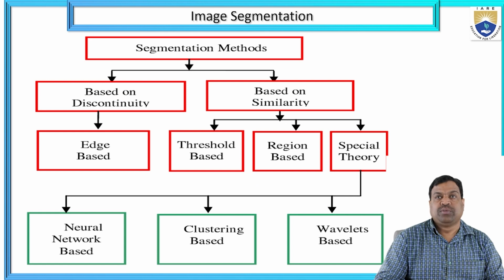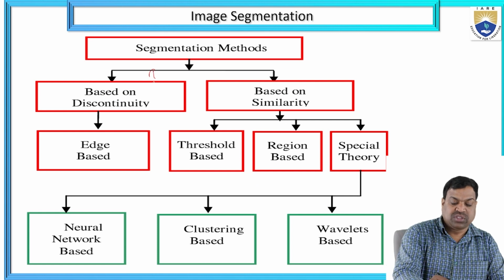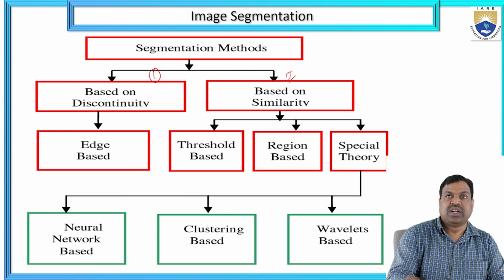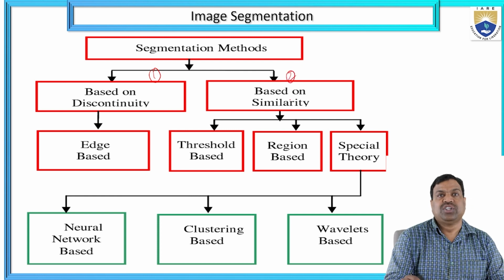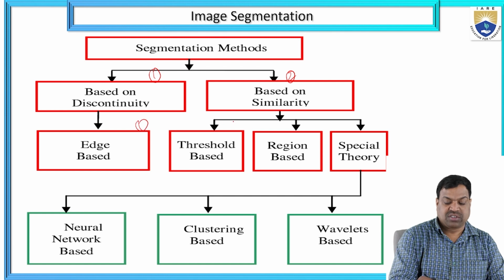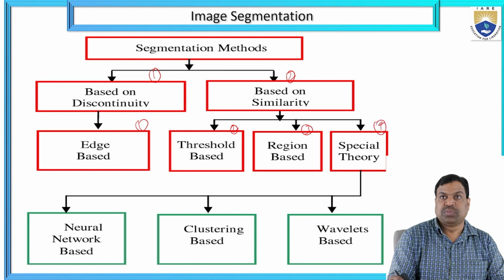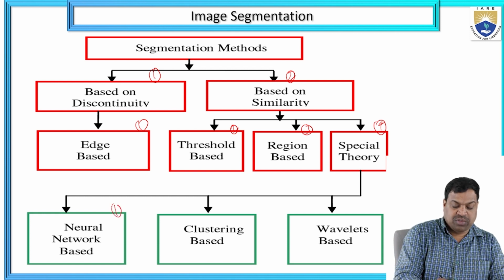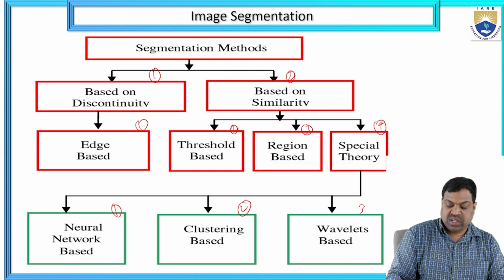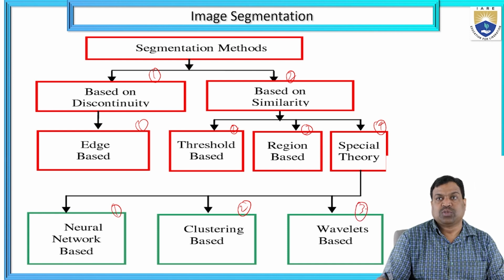Segmentation methods are majorly of two types: based on discontinuity and based on similarity. Based on discontinuity, there is the edge-based technique; based on similarity, there are thresholding, region-based, and spatial theory. In the spatial theory, there are neural network based, clustering based, and wavelet based methods.